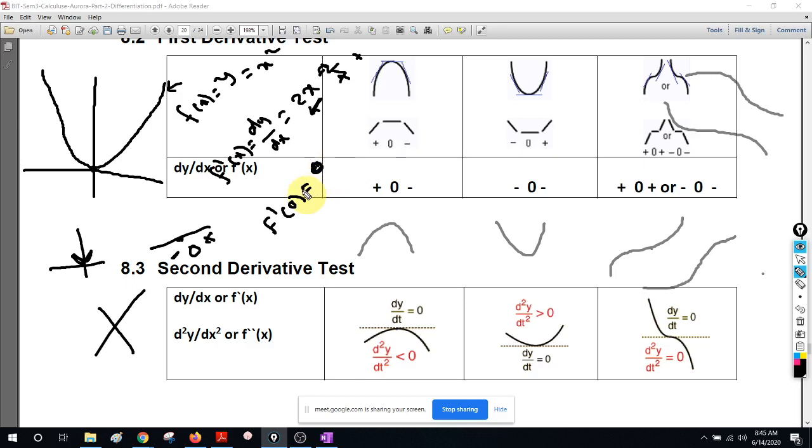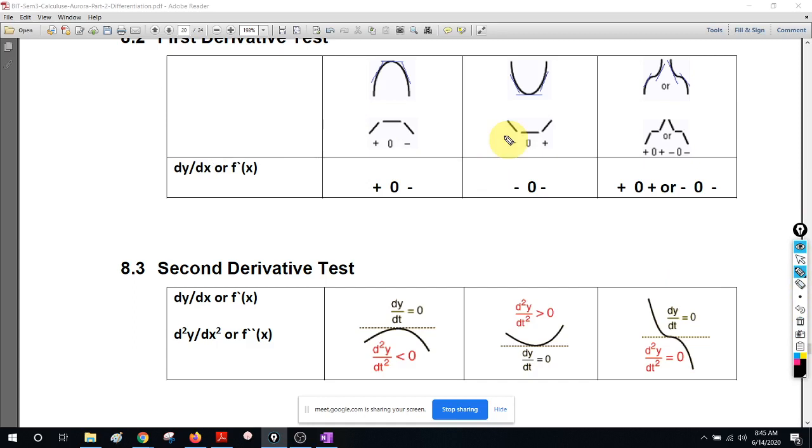Let's say y equal x cube. So let's move to this one. I'm going to delete this. So let's take y equal x cube. Now first I'm going to use the first derivative test.